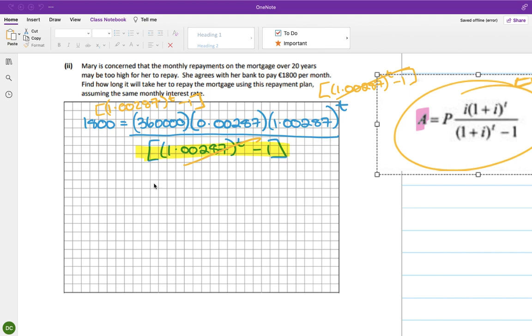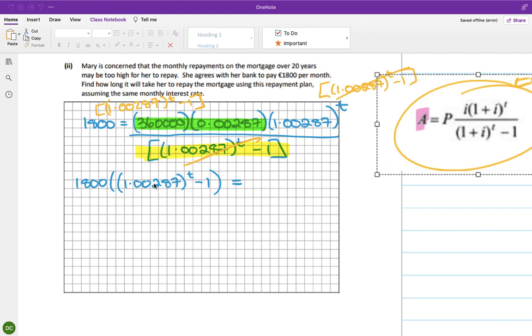So that gives me 1,800 times 1.00287 to the power of T minus 1. And that equals, now these two don't have a power, so I can multiply them together.